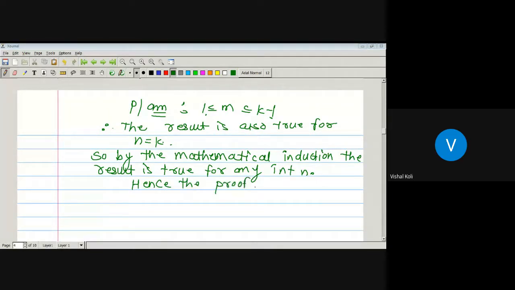So whenever p divides a product of n integers a1 a2 up to so on an, it divides at least one among them, and we have proved this.